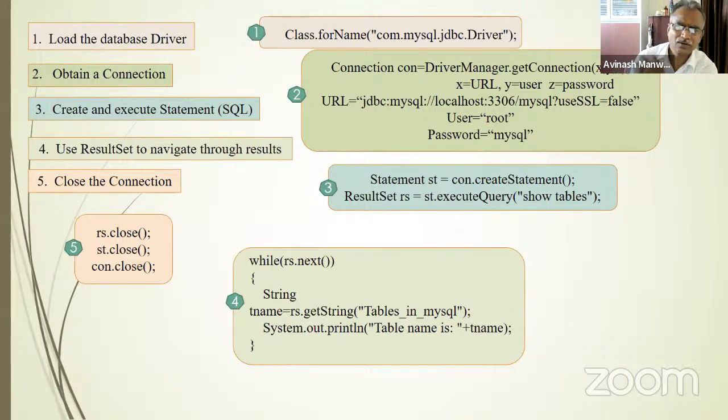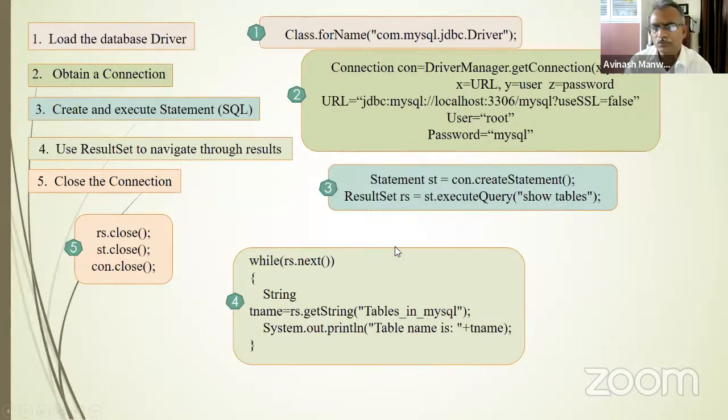The structure is: while resultSet.next(), checking whether it is true or false. It remains true as long as it points to a valid record, and if it points to no record, it returns false. As soon as you get false, you come out of the loop, and in between you do whatever work you want with your database.